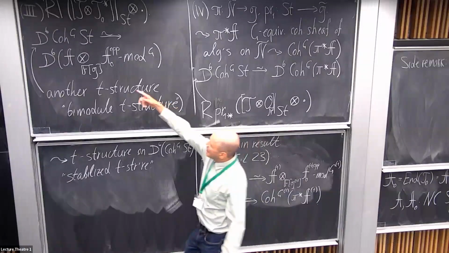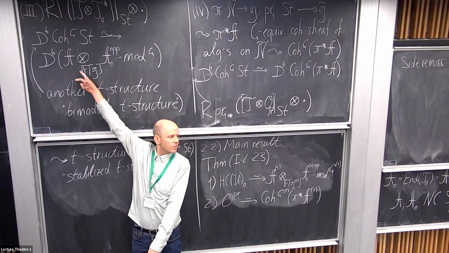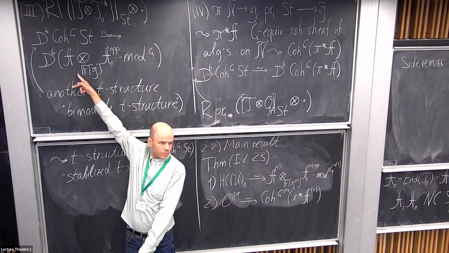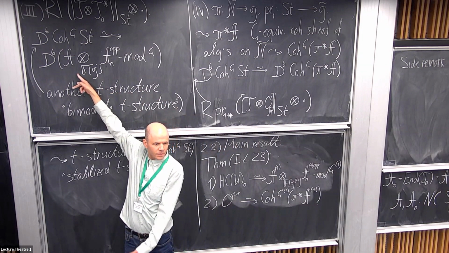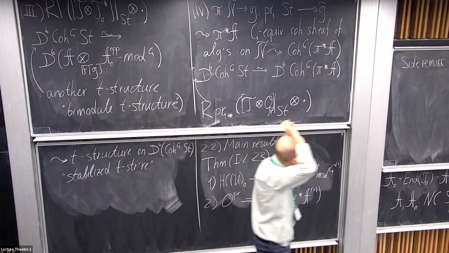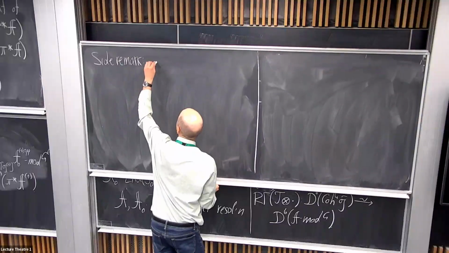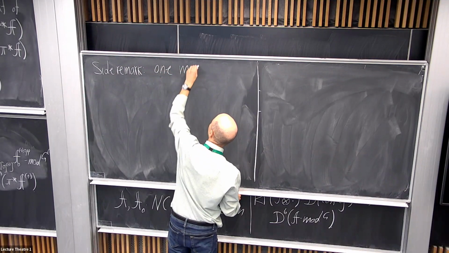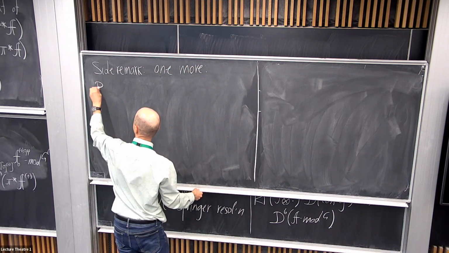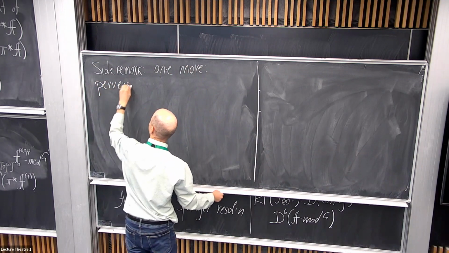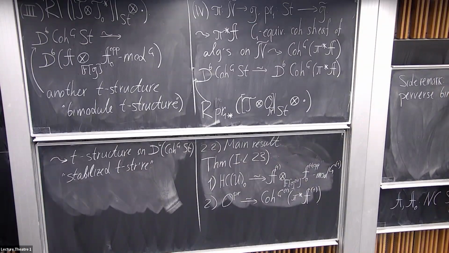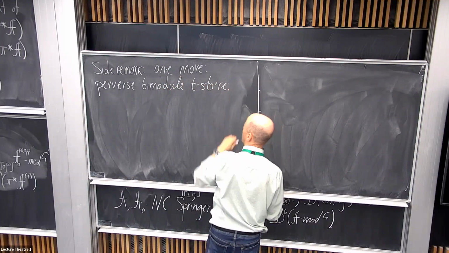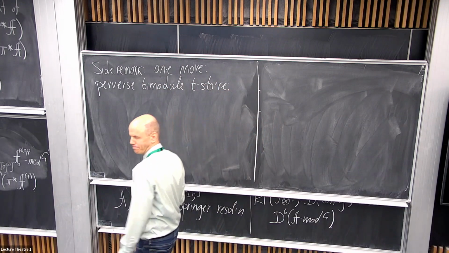We have this derived category over here. It has the so-called perverse T structure. It comes from work of Deligne and then Bezrukavnikov. Let me call this the perverse bimodule T structure. I'm not going to define it.